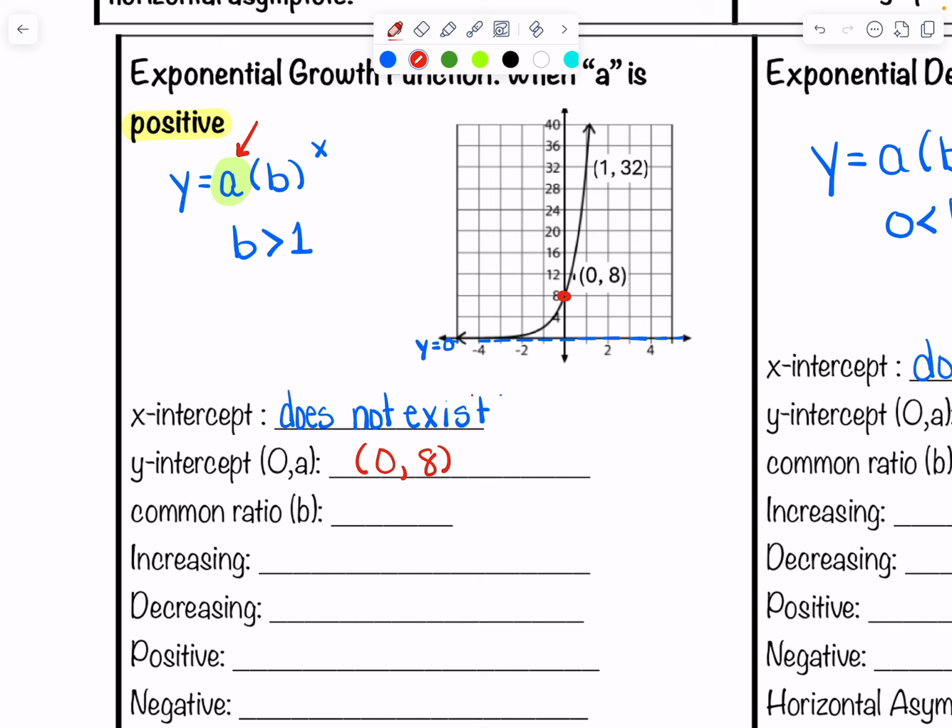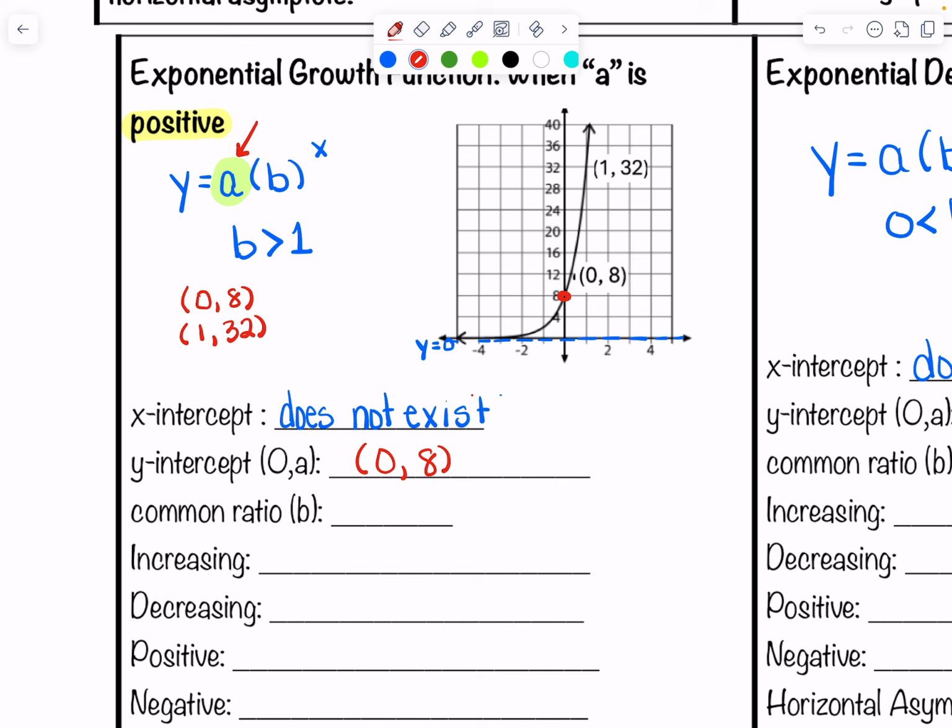The common ratio, that's our B value. To find the common ratio, we're going to pick those 2 points, (0, 8), and we're going to pick the next one to it, which is (1, 32). They have to be 2 points that are next to each other. So the x values are 0 and 1, or the x values are 1 and 2, or the x values are 2 and 3.